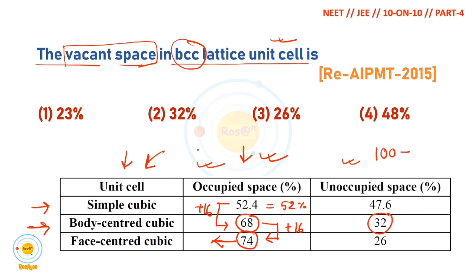So the right answer is 32%. I hope you can easily remember this table with this trick and calculate this type of problem 100% correctly. Now we move on to the next problem.